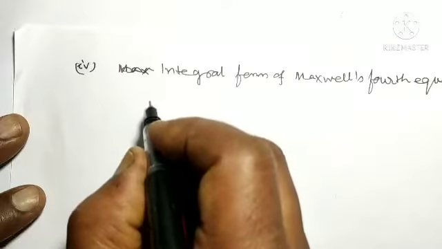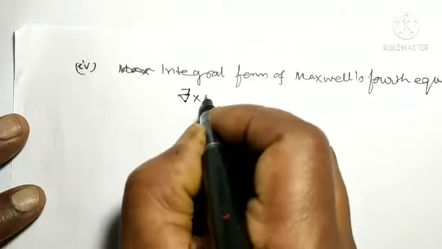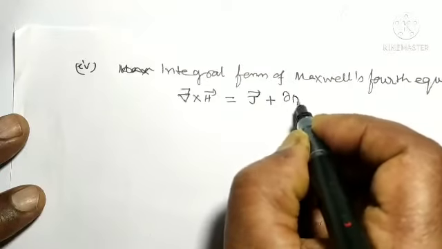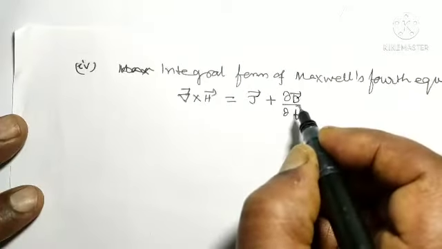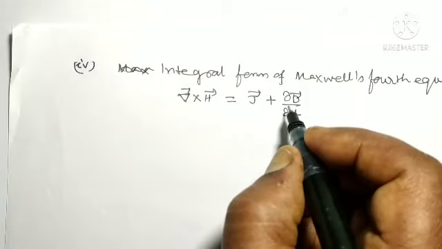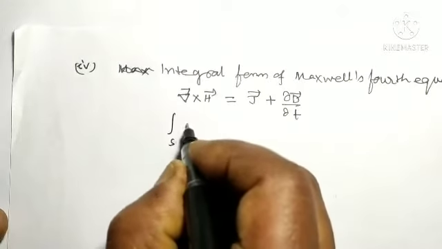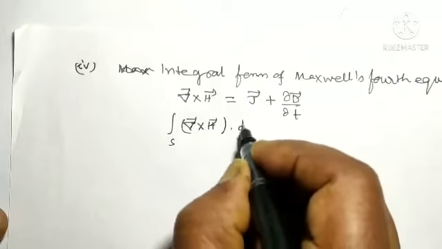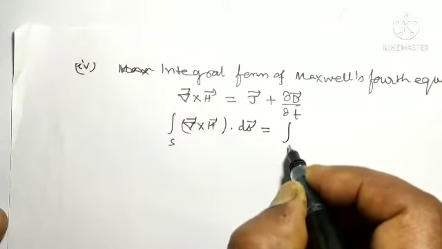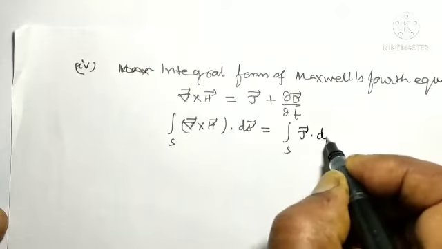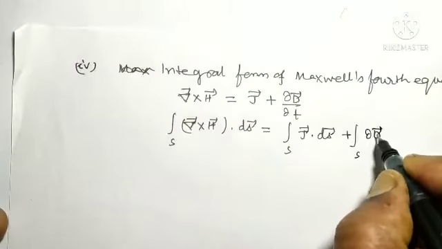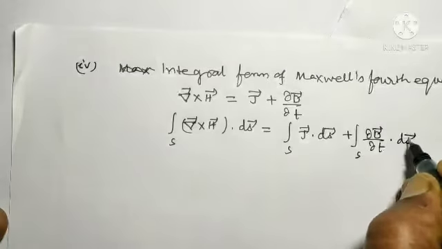The differential form of Maxwell's fourth equation is curl H is equal to J plus del D by del t. So integrating over a surface, surface integral of curl H dot dS is equal to surface integral of J plus surface integral of del D by del t.